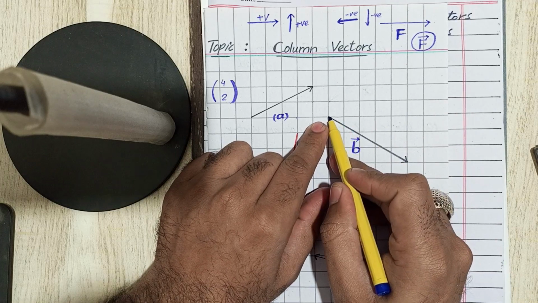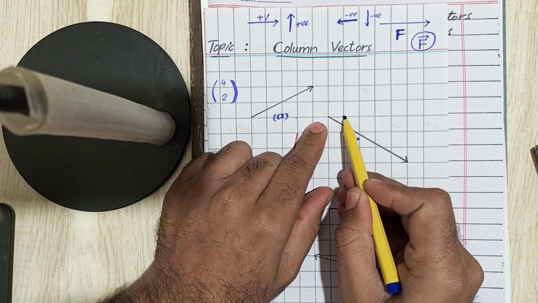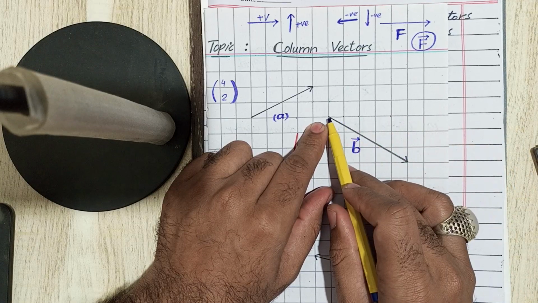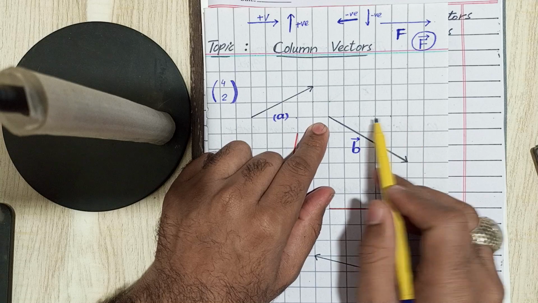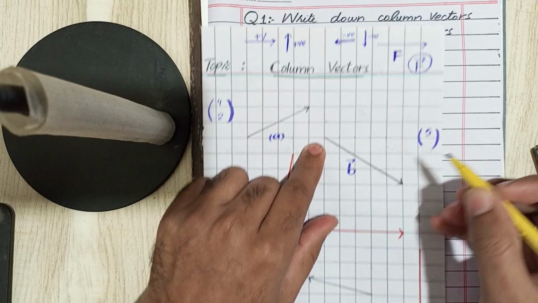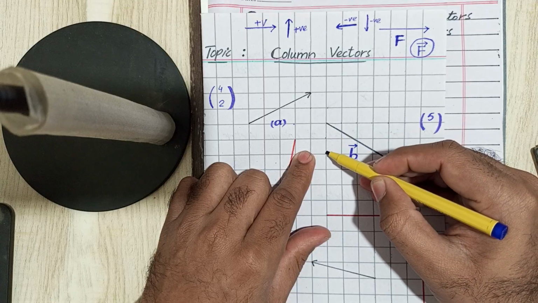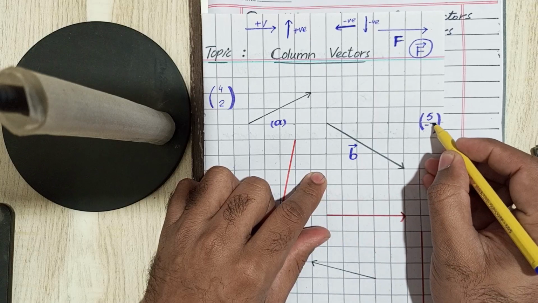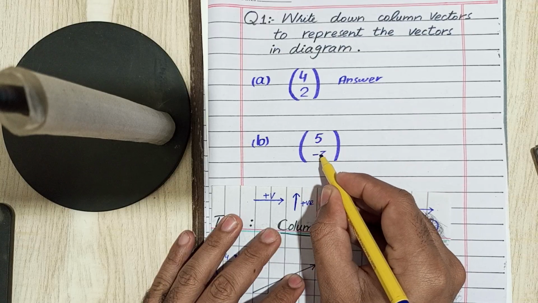So we move from this point along 1, 2, 3, 4 and 5. So we move from left to right 5. So we write here 5, and we move downward 1, 2 and 3. So we move up to down, so it means we have -3. So this answer is 5 and -3.